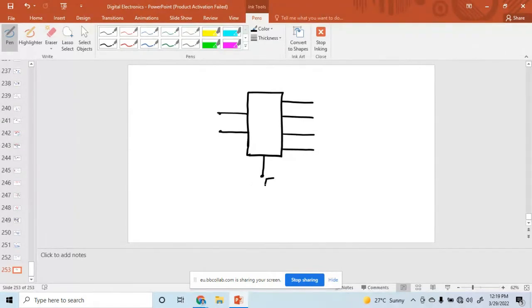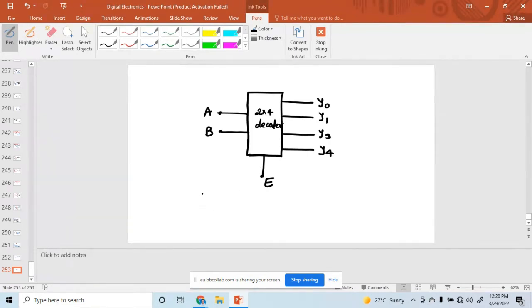This is called an enable line. This is called a 2:4 decoder. That means 2 inputs, 4 outputs, and this line is called the enable line.